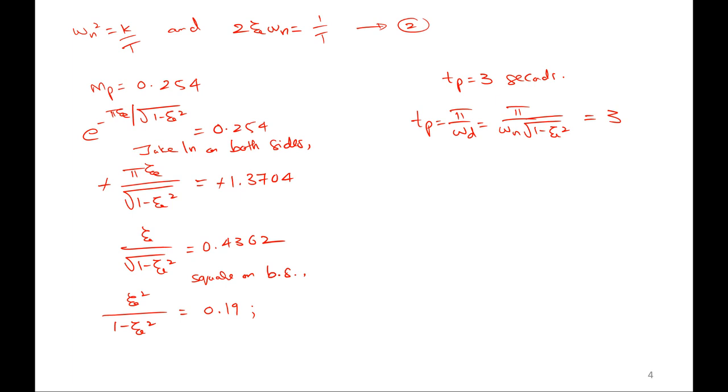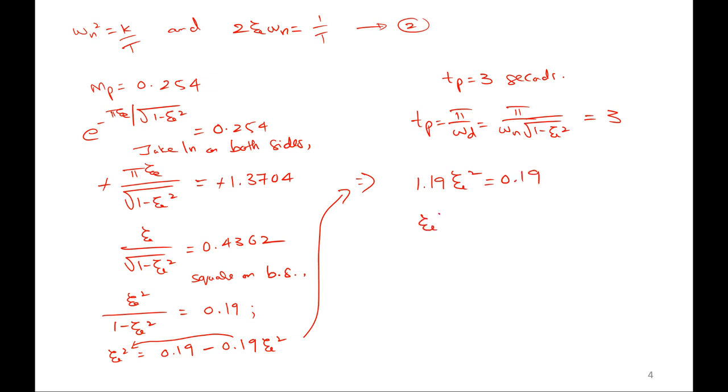So z square into 1 minus z square: multiplying, we get 0.19 minus 0.19 z square. Take this side: 1 plus 0.19, so 1.19 z square equals 0.19.